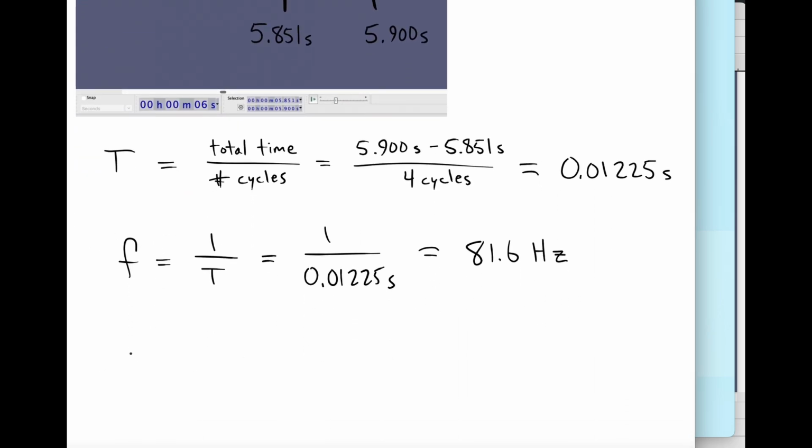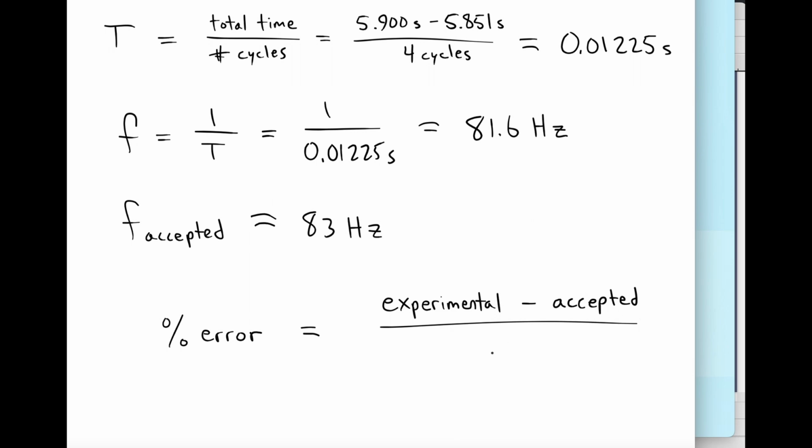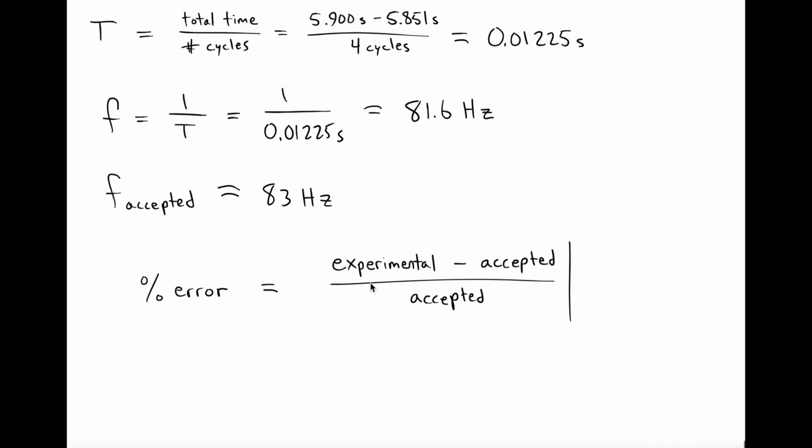And the accepted value was around 83 hertz. Okay, so we could do a percent error here. The percent error formula says you subtract your experimental value minus the accepted, and then we divide by the accepted. And it's common to put an absolute value around this and multiply by 100% to change it into percent form.